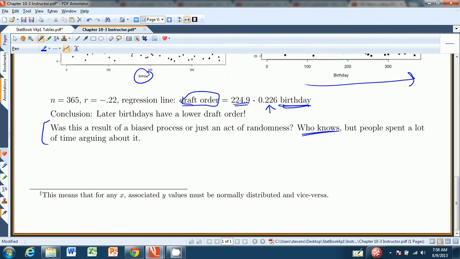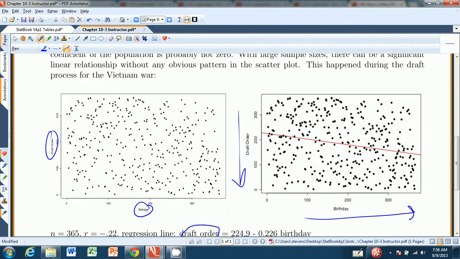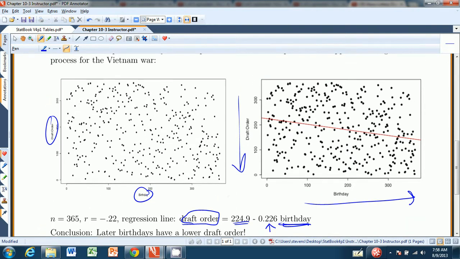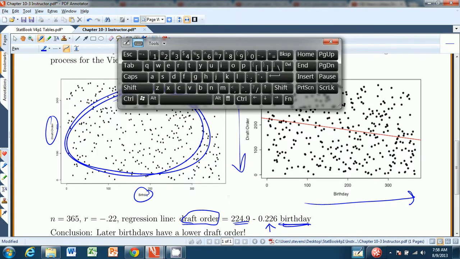Okay, so that is the hypothesis test behind the scenes and a somber view of a correlation that is not completely obvious by looking at the scatter plot. That wraps up 10.3. We have another short section in 10.4, and then we will wrap up this chapter. See you later.